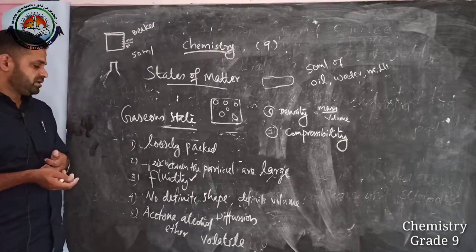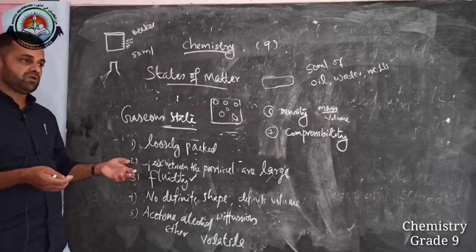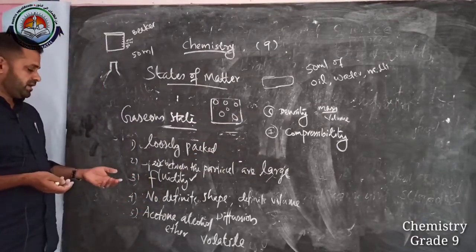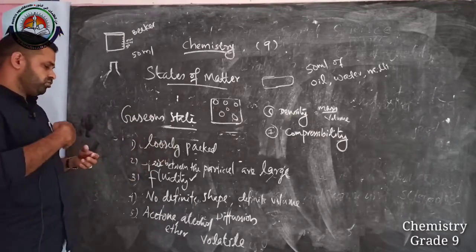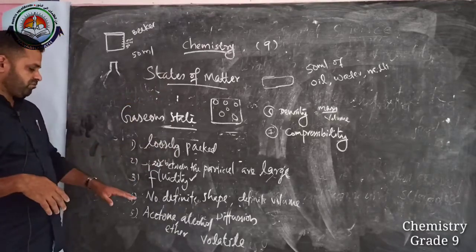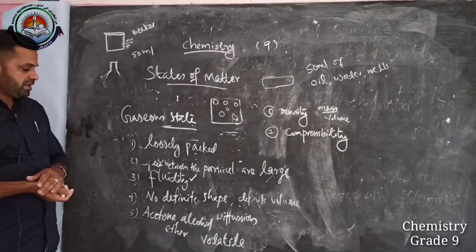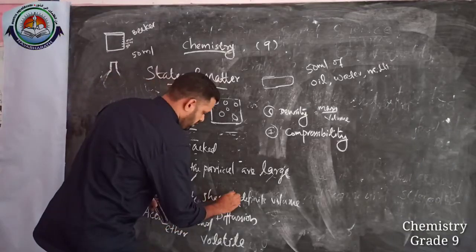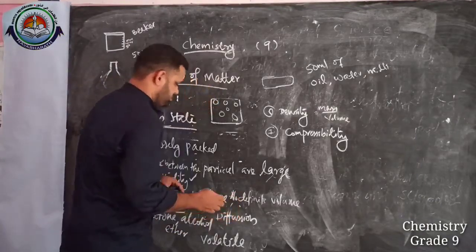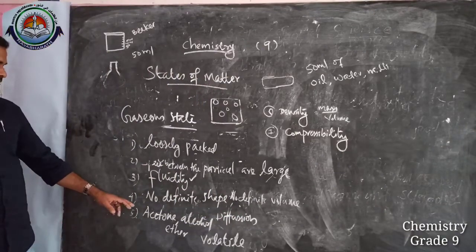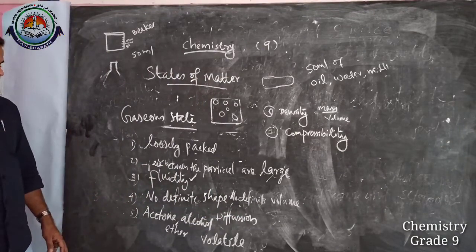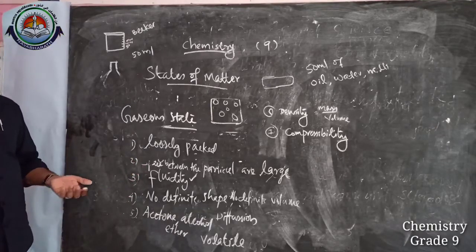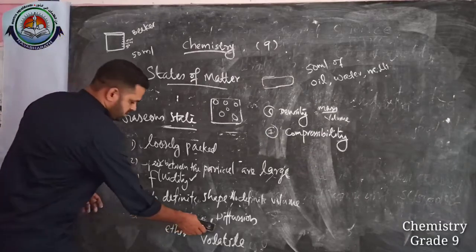They also show fluidity, so they can easily move from one place to another place. And what about their shape and volume? They do not have any definite shape and no definite volume. And what about the diffusion?